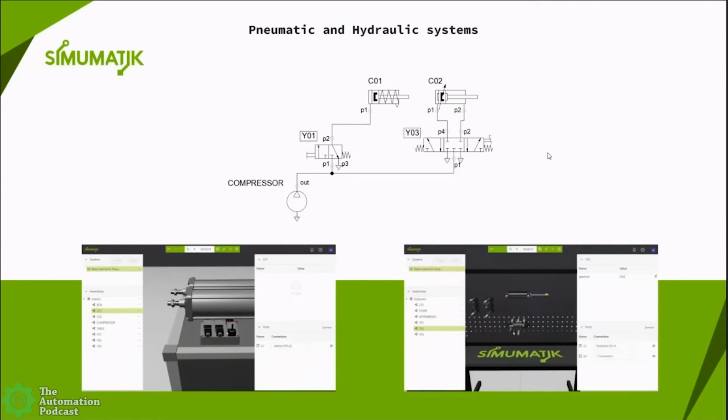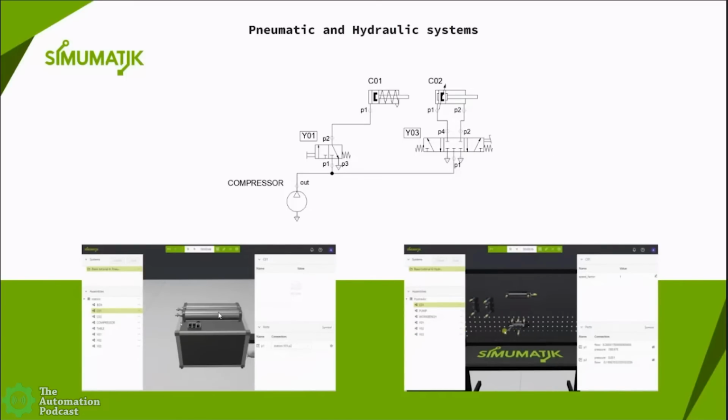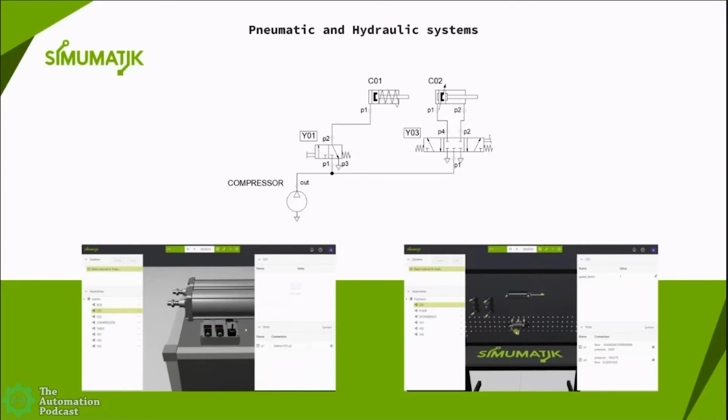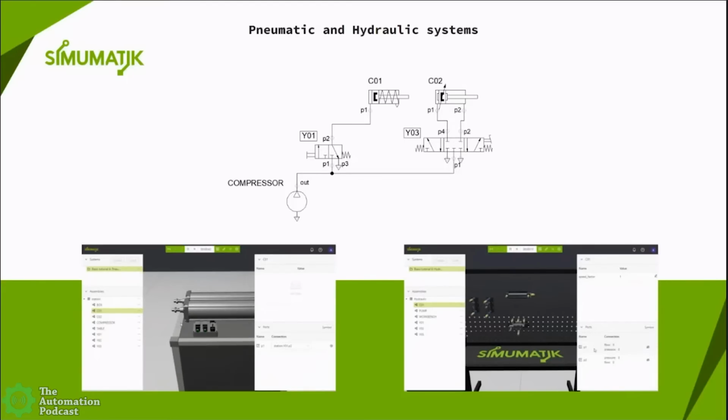And again, the principles are the same. Each element is a component, a cylinder, a button, or a valve, or whatever, and then you just make connections between them. If you miss a connection, the system is not going to work as expected. And this is part of the building process.